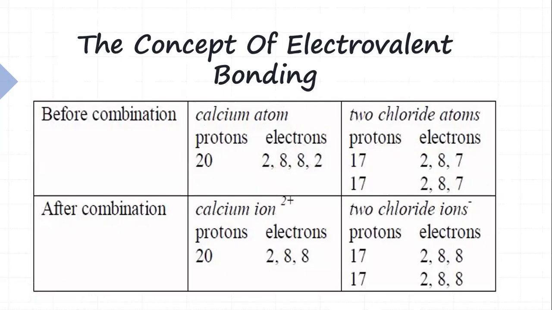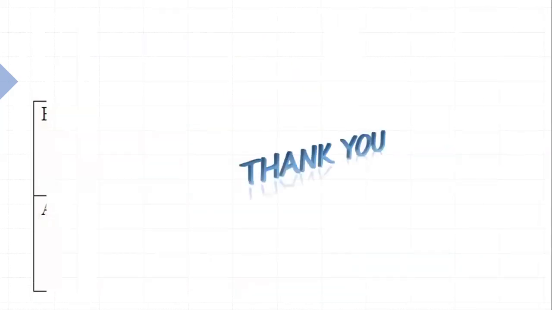After the combination, the calcium ion loses two electrons, leaving 20 protons and electrons 2, 8, 8, and the two electrons that left the calcium ion move to the chlorine ions, making them stable ions, as the protons remain 17 while the electrons become 2, 8, 8 in each. So that's just the other example of electrovalent bonding.